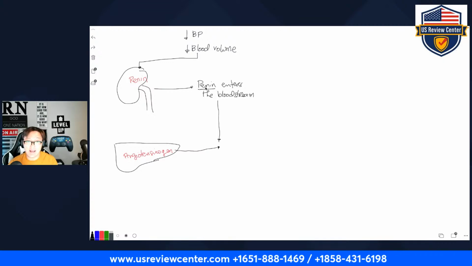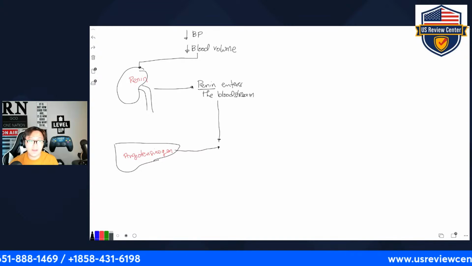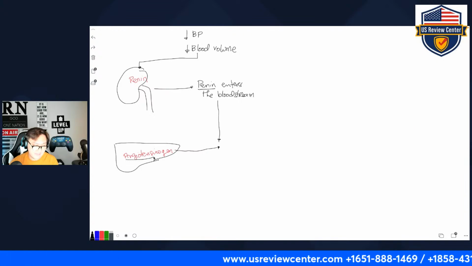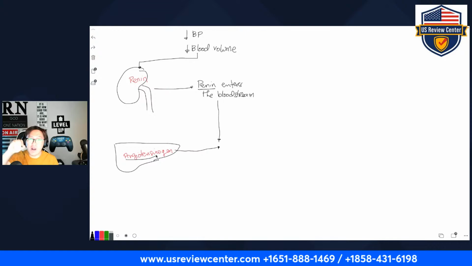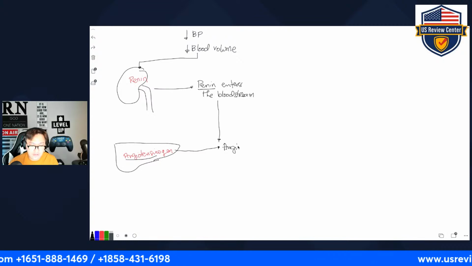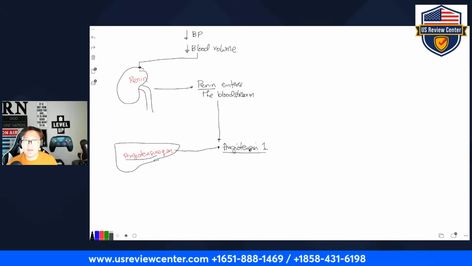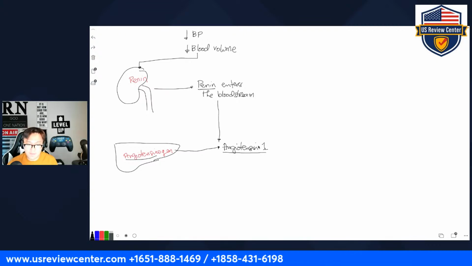Renin is an enzyme that will cut angiotensinogen to become angiotensin. One of the cuts is what we call angiotensin 1. That's the first cut. Angiotensin 1 is still in the bloodstream.